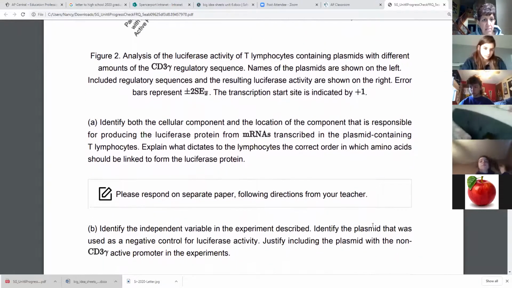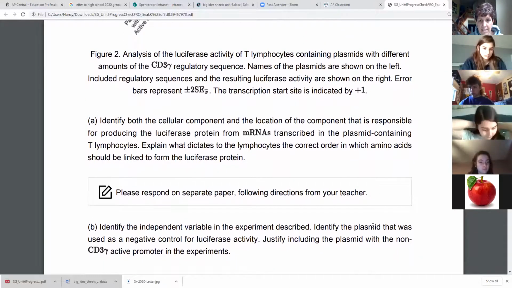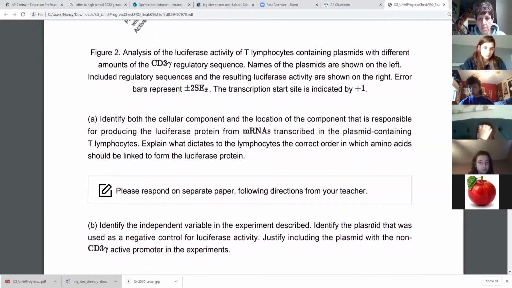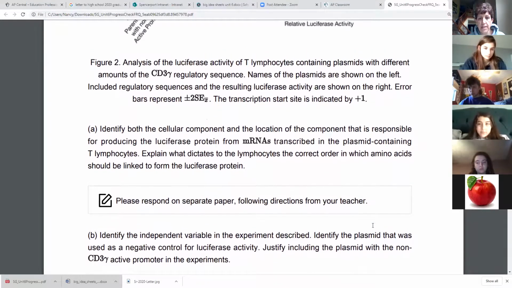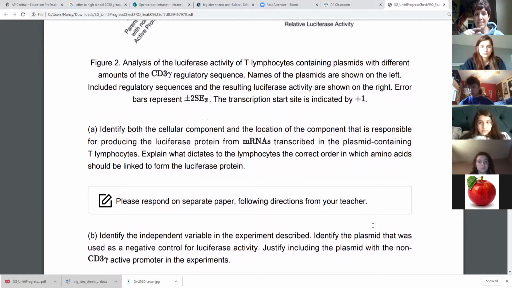All right, identify both the cellular component and the location of the component that is responsible for producing the luciferase protein. Okay, so what makes the protein? What cellular component were they looking for an answer? Where are proteins made in a cell?